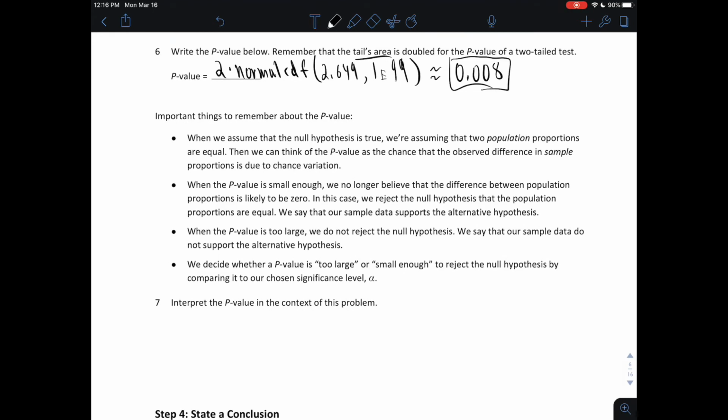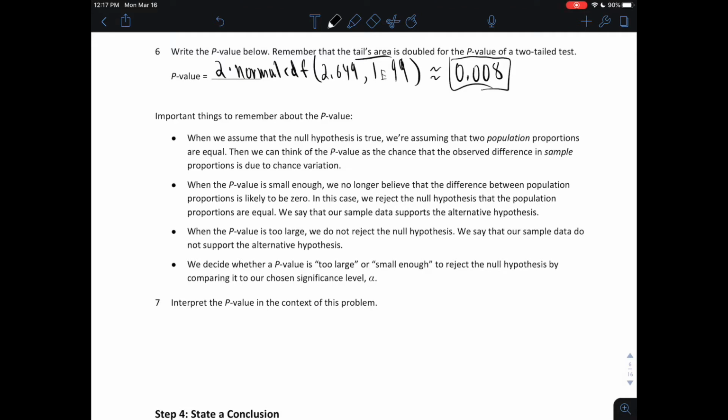Important things to remember about the p-value. When we assume that the null hypothesis is true, we're assuming that two population proportions are equal. Then we can think of the p-value as the chance that the observed difference in sample proportions is due to chance variation. When the p-value is small enough, we no longer believe that the difference between population proportions is likely to be 0. In this case, we reject the null hypothesis that the population proportions are equal.